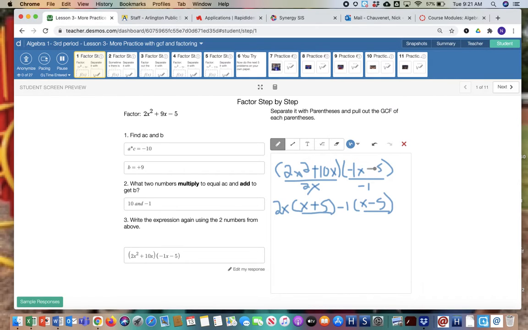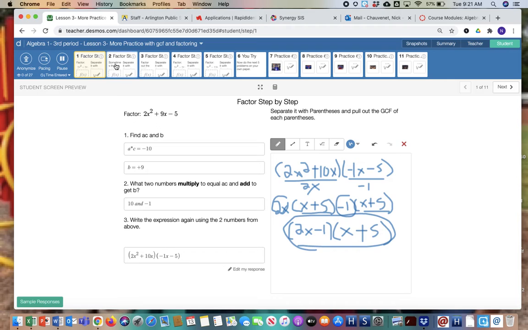So I made a mistake. I was able to see it, and a negative over negative is a positive. So again, that's where checking that, you go through and you make mistakes, and then you can fix them. All right, so then I get 2x minus 1 because those are the two GCFs. And now the x plus 5 forms the other factor. Okay, and that's really what we tried to learn from lesson 2.